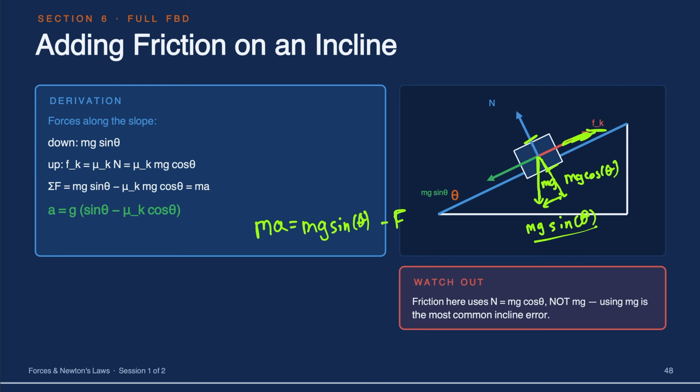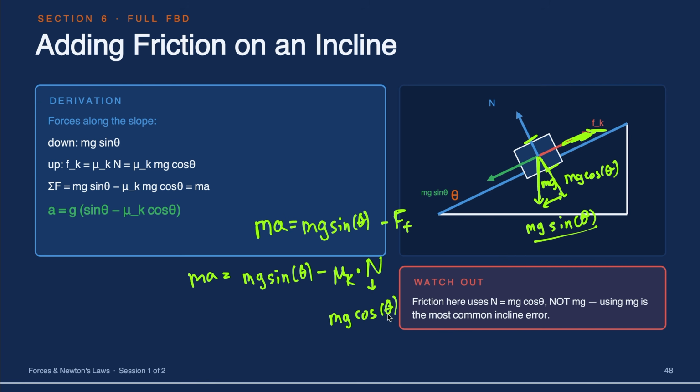And if you remember what the force of friction was for kinetic friction, it was equal to mu k, the coefficient of kinetic friction, times the normal force. And do we know what the normal force is here? Right? That's mg cosine theta.